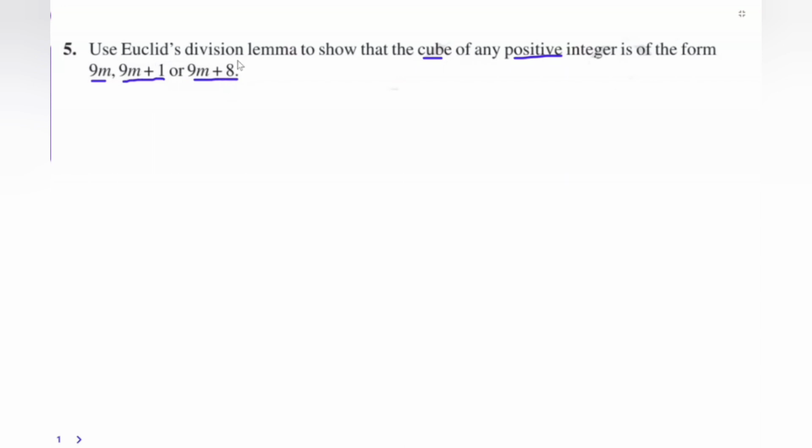So using Euclid's division lemma, we know that A is equal to BQ plus R, where R is greater than or equal to 0 but less than B. Here let us think of A as any positive integer.